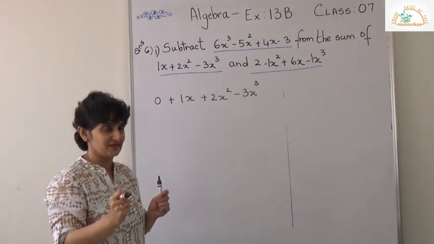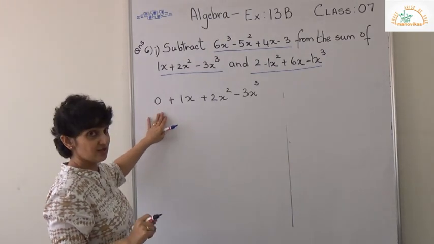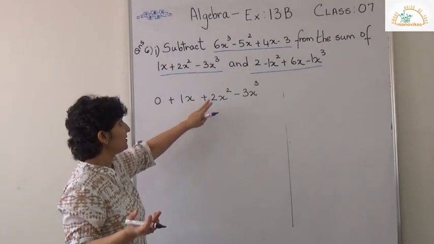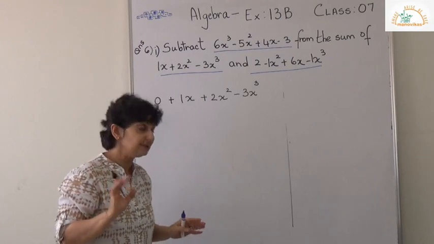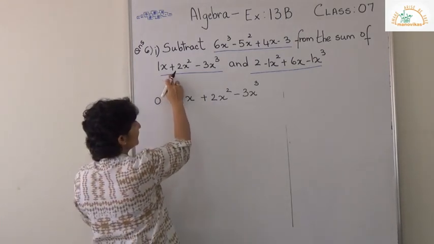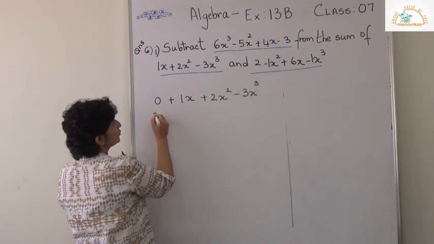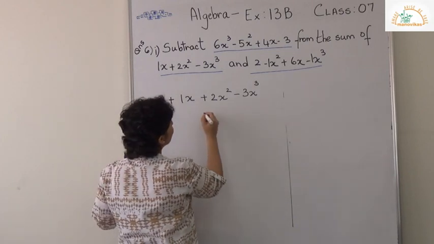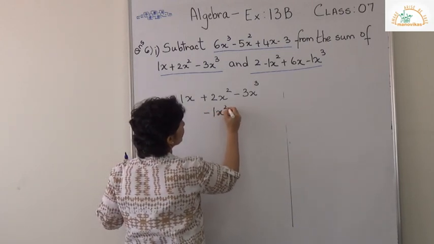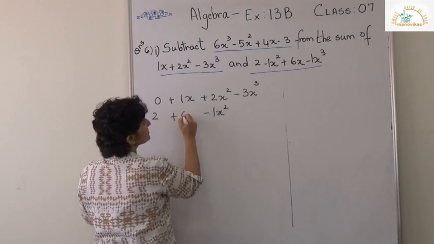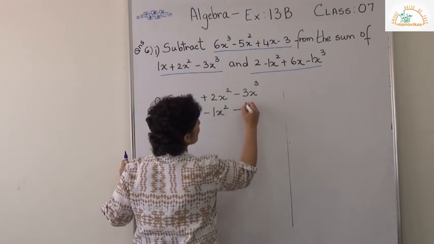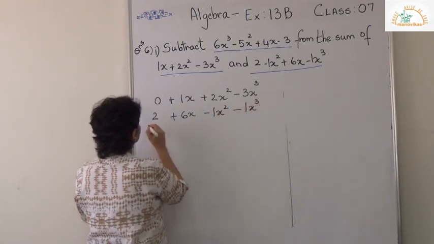But let's not interchange. If I go here also, now it's 0, just the number 1, 2, 3. Clear? So I need to add this and this. So 2 minus 1x squared plus 6x minus 1x cubed.